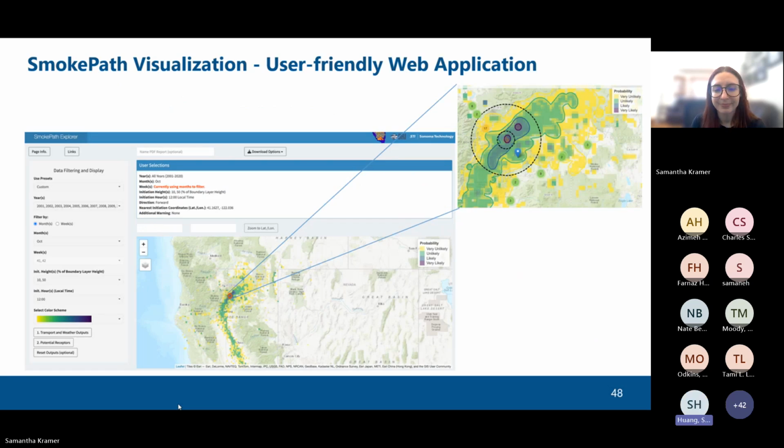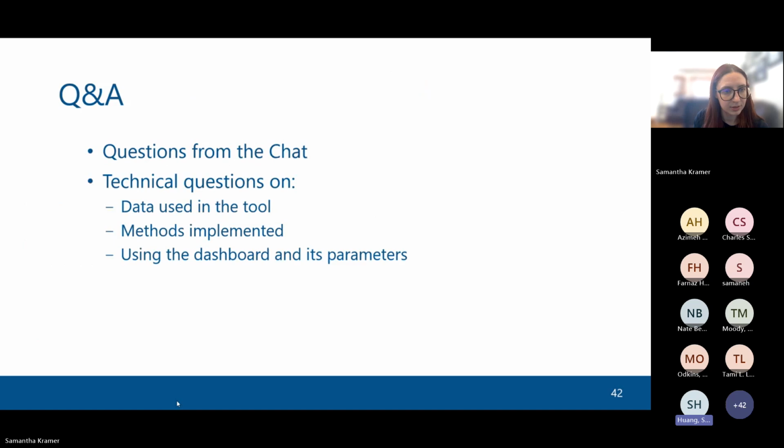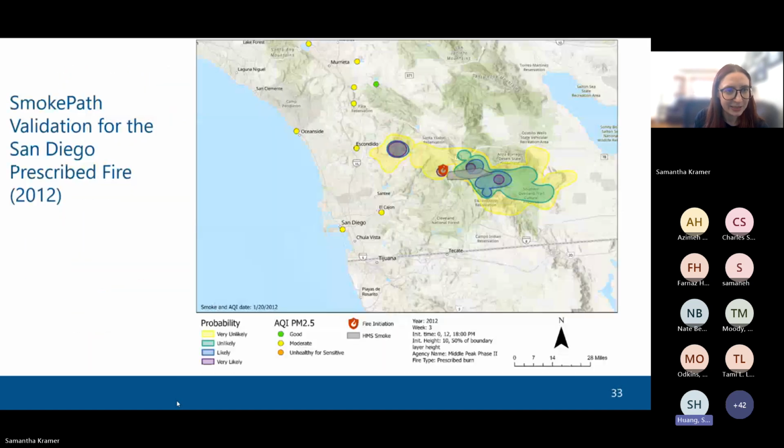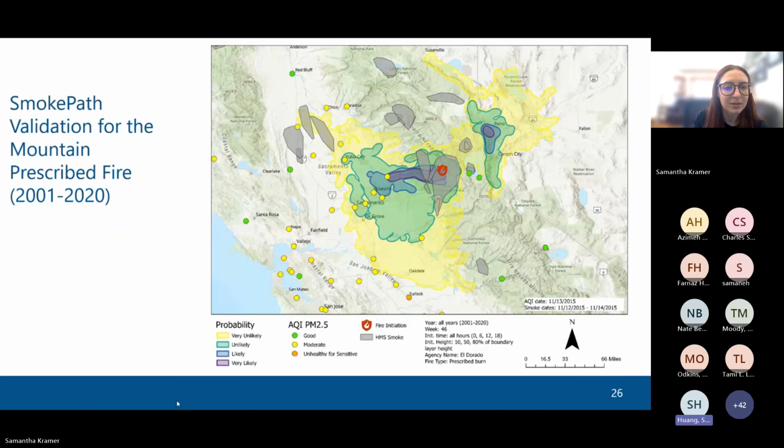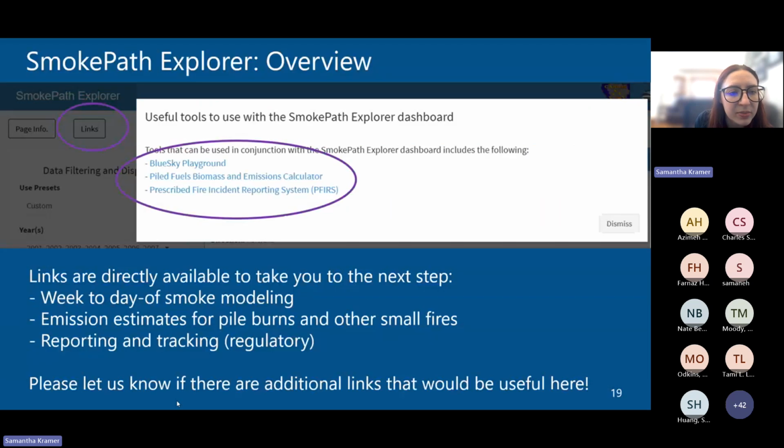Sam, this is Ximing. Sorry if I missed it, but it might be good to mention how to access the user's guide and the useful links. Sure. Let me go back. On that last slide, the buttons were actually there. I have a zoom in of those buttons.